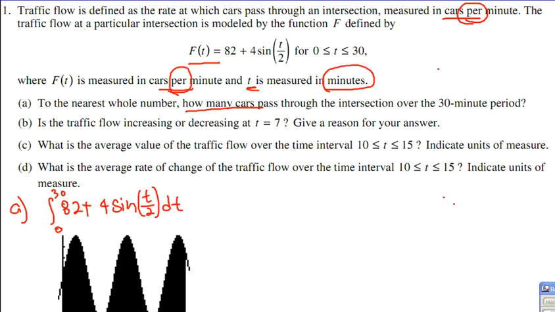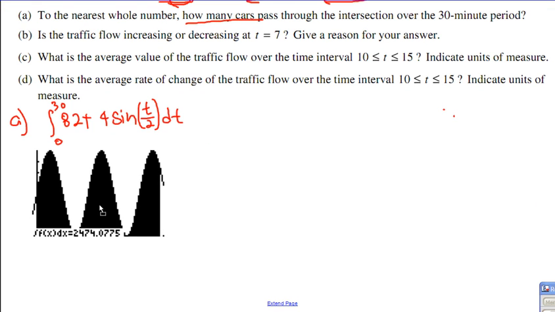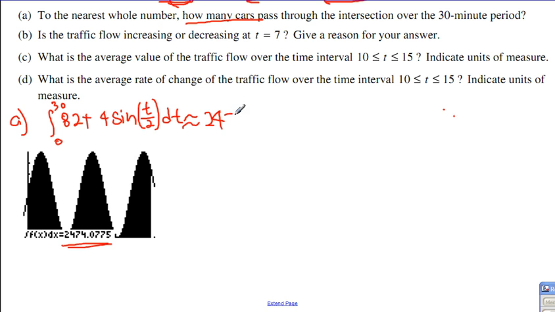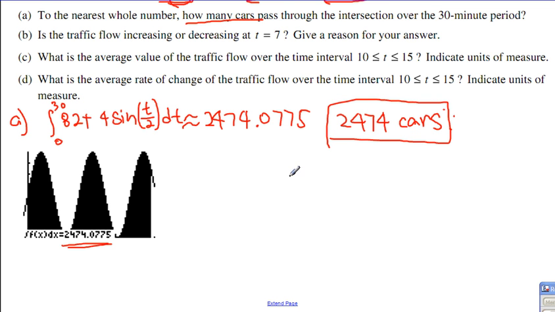So as you can see from this picture, our answer will be this value, approximately 2474.0775. But they want us to write it to the nearest whole number, so we have 2474 cars. That's our answer for A.